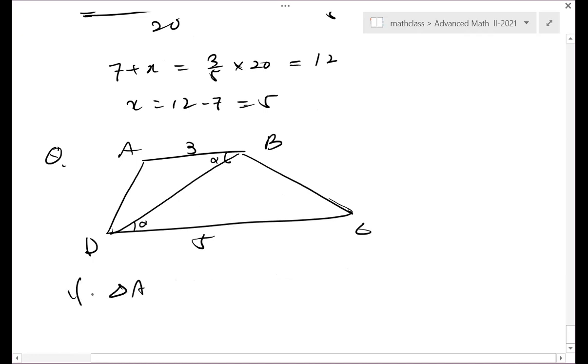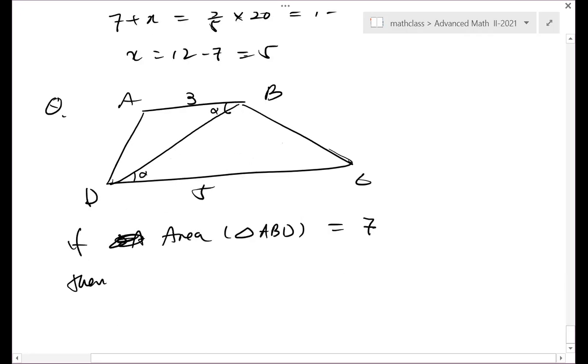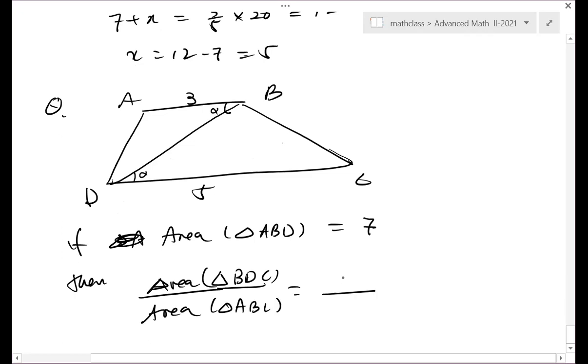So if we know the area of the triangle on the top, ABD, equals 7 square units, then the ratio of the area of the triangle BDC over the area of the triangle ABD is going to be half of 5 times h, where the height is h, over half of 3 times h.